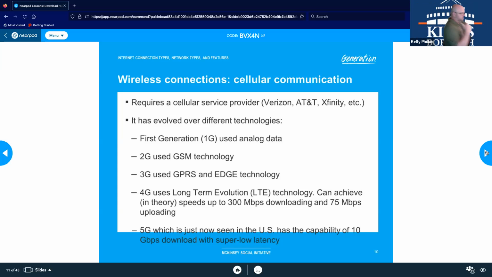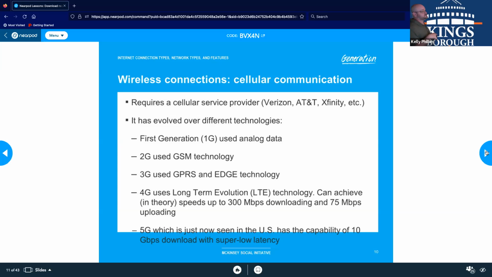When you hit 4G, they started putting in LTE, or long-term evolution technology. In theory, you could get speeds up to 300 megabits per second downloading and 75 megabits uploading. I would be shocked if anybody ever met somebody who could get that on their cell service on their phone.